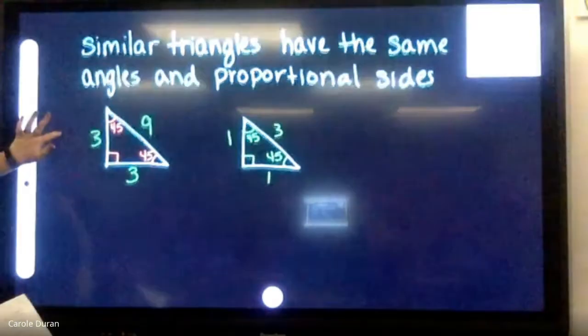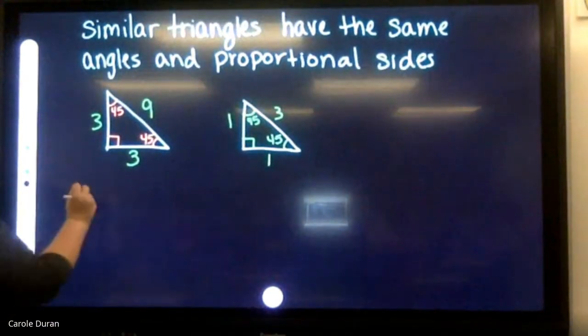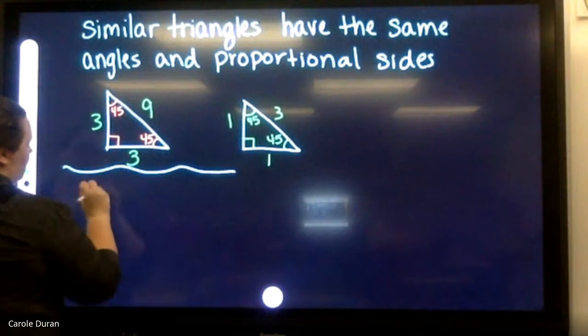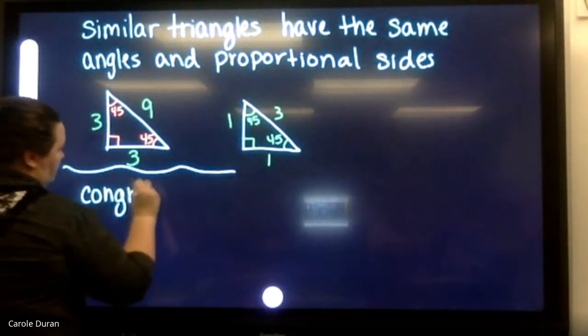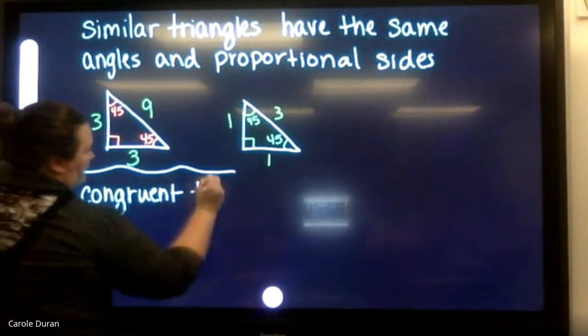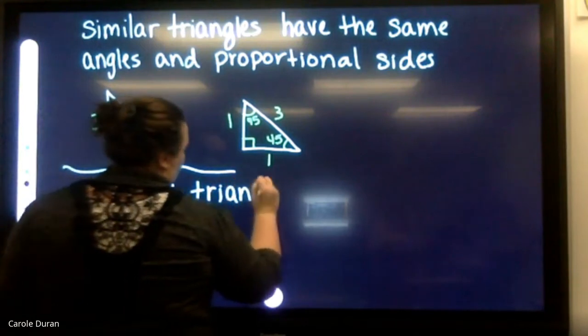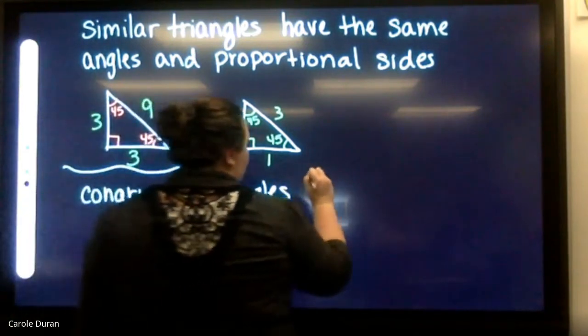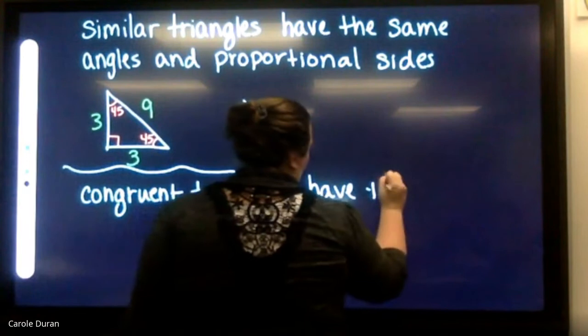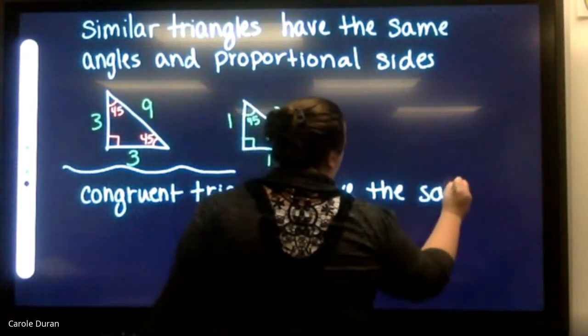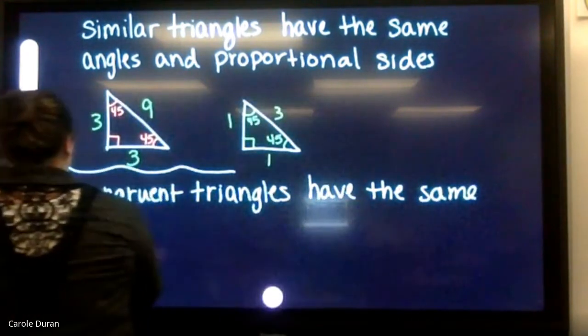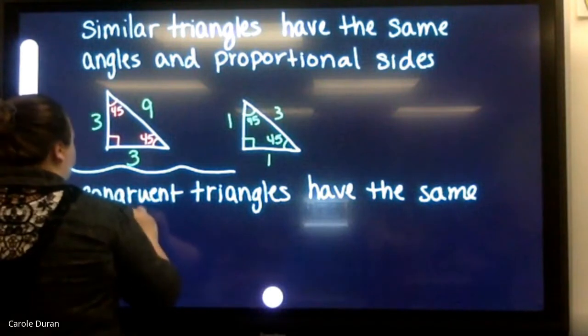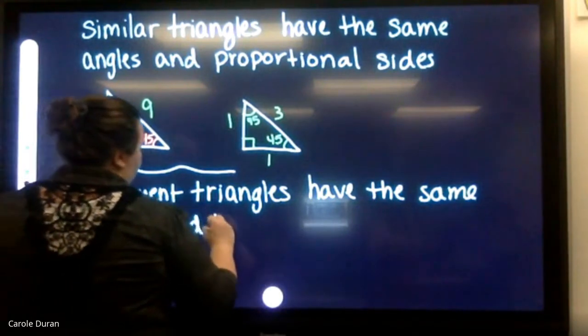After similar triangles, we also have congruent triangles. And these congruent triangles have these same angles and the same side measures.